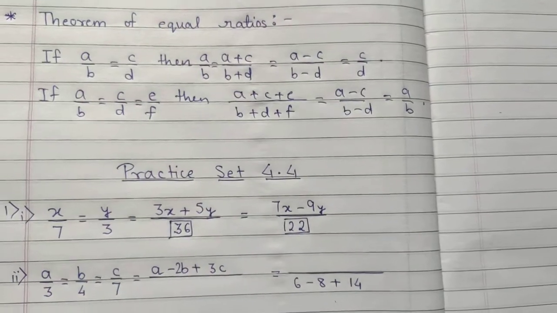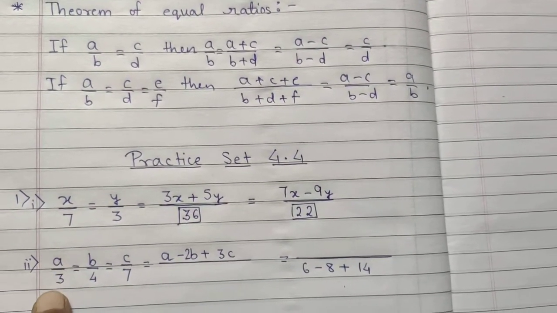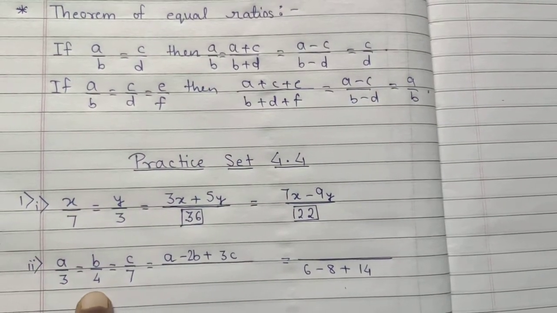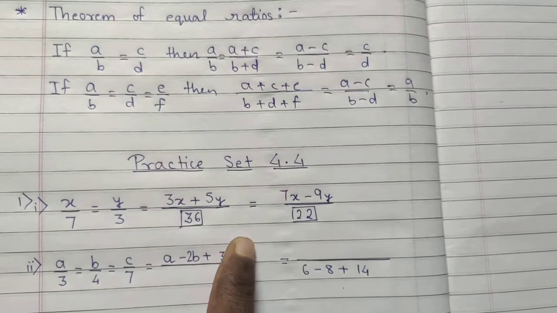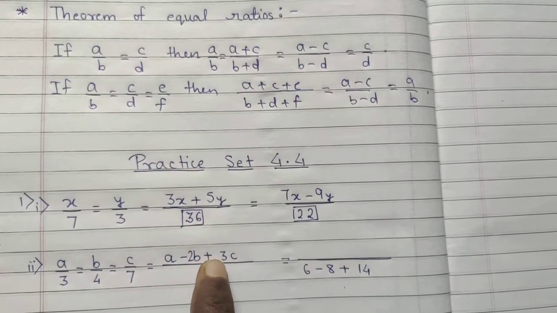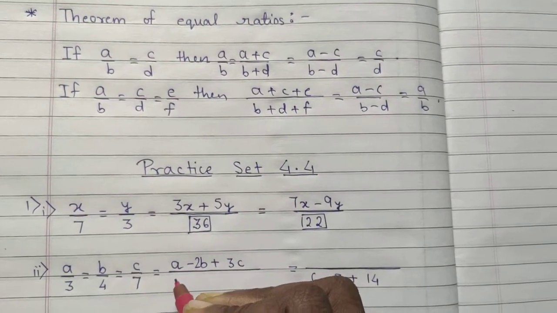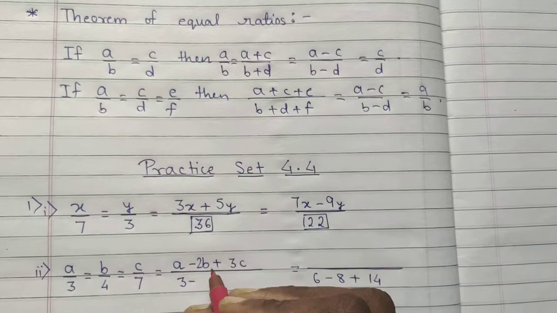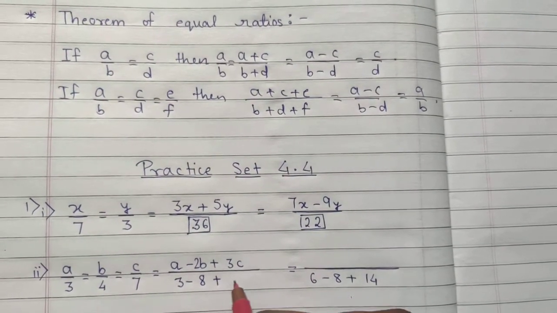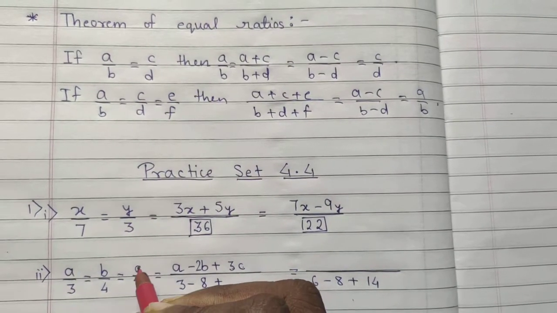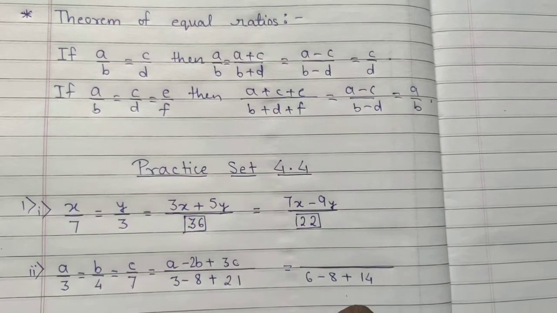Now see the second question. What is given to us? A upon 3 is equal to B upon 4 is equal to C upon 7. We have to find A minus 2B plus 3C. Now what is A? 3, minus 2 times B, so 2 times 4 is 8, plus 3 times C, so 3 times 7 is 21.